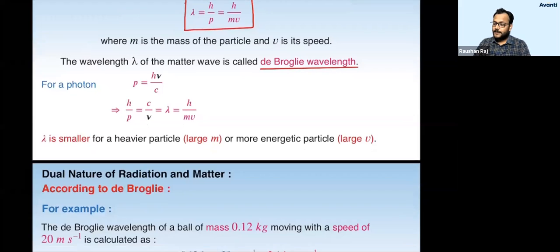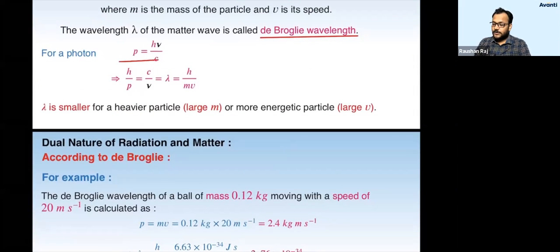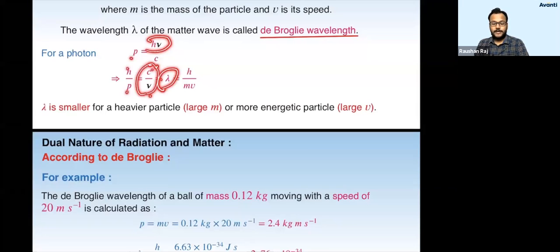All right. If you talk about a photon, ठीक है? So for a photon, p can be written as h nu by c. ठीक है? p को क्या लिखा गया बच्चा लोग? h nu by c. So from h by p will be equal to c by nu, and c by nu is what? The lambda. And lambda is h by mv. So lambda is smaller for heavier particle.